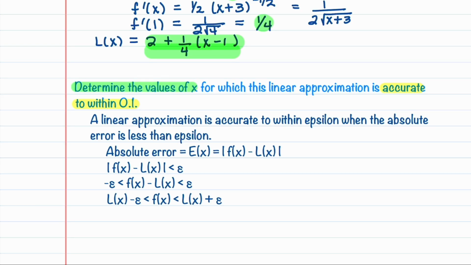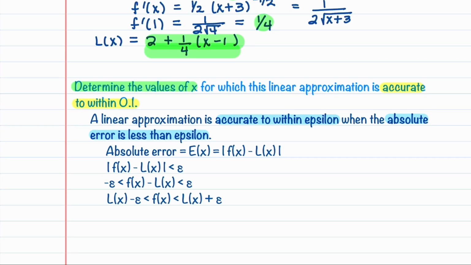A linear approximation is accurate to within epsilon. We use epsilon to indicate when we have something relatively small. So our linear approximation is accurate to within epsilon when the absolute error is less than epsilon. The absolute error is notated as capital E of x, and it's just the absolute value of f of x minus L of x.